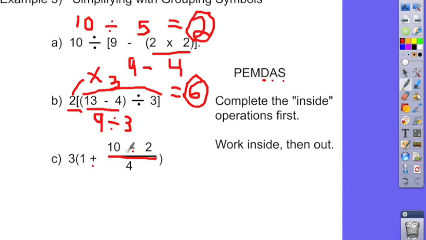And normally you would do division before addition and subtraction. However, because it's written in fraction form, we have 10 minus 2 on top of our fraction and 4 on the bottom of our fraction, this 10 minus 2 is supposed to be treated like a single quantity. It's almost like your numerator. 10 minus 2 is your numerator and 4 is your denominator. So if we are to treat 10 minus 2 as a numerator and 4 as our denominator, then what is the value of 10 minus 2?